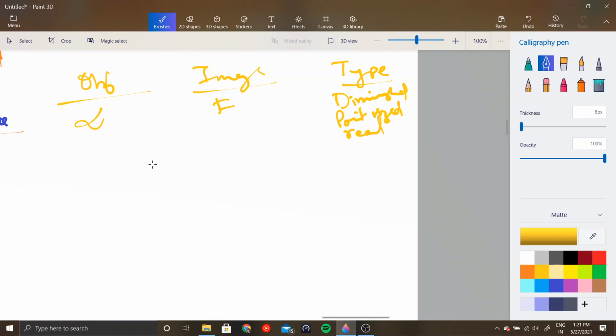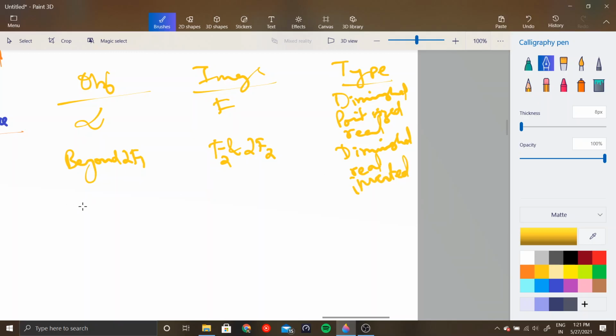When the object is beyond 2f1, the image is formed between the focus and the center of curvature. The image is diminished, real, and inverted.